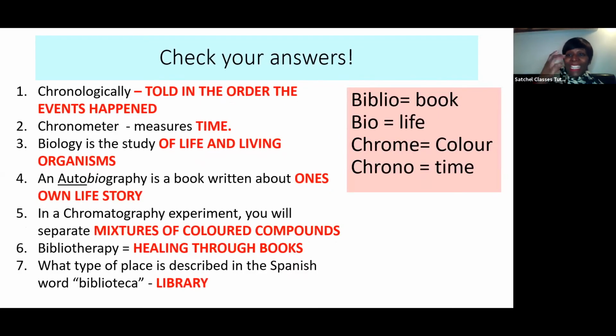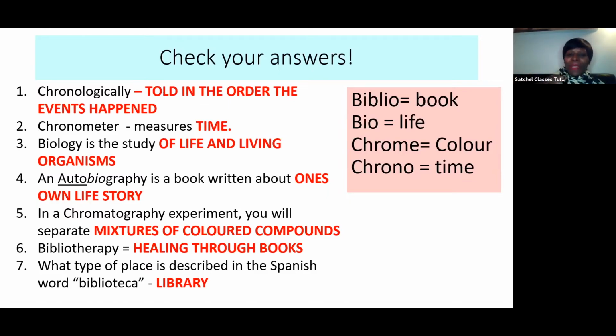So chronologically means that it's told in time order as the events happened. Chronometer measures time. Biology is the study of life and living organisms. And as we've said already, autobiography is writing one's own story.